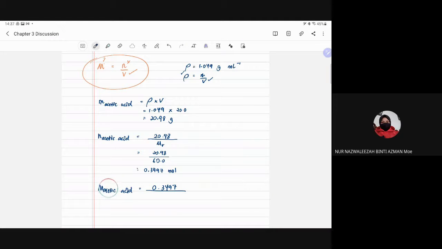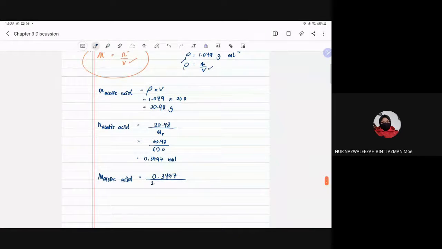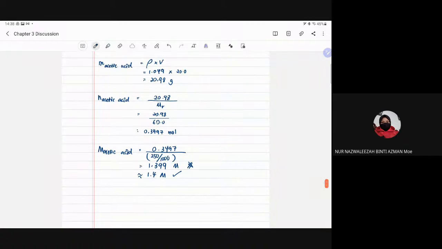Molarity by definition, if you remember, is the number of moles of solute in a liter of solution. So we have to convert to liters here. 250 divided by 1000, or 0.25. So 0.3497 divided by 0.25, we get a molarity of 1.399 molar. If you answer 1.4 molar, that is also correct, because this is two significant figures. Okay?